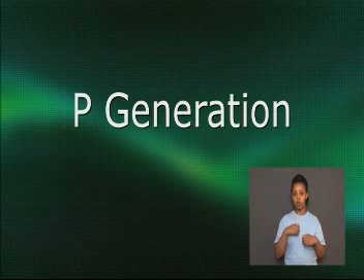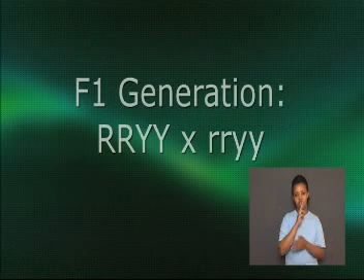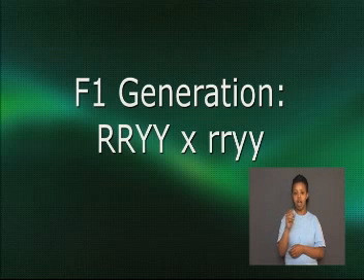Organisms in the initial cross are called the parental or P generation. The offspring of the dominant and homozygous round and yellow seeds crossed with the recessive and homozygous wrinkled and green seeds is called the F1 generation.